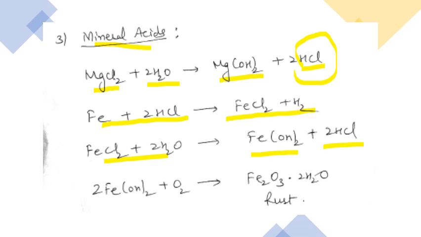We have the HCl regenerated in the reaction, and after that the ferrous hydroxide, if it combines with oxygen, rust can be formed. So it can be a chain reaction because the mineral acid is regenerated. So it enhances the corrosion. This is how mineral acids are responsible for boiler corrosion.